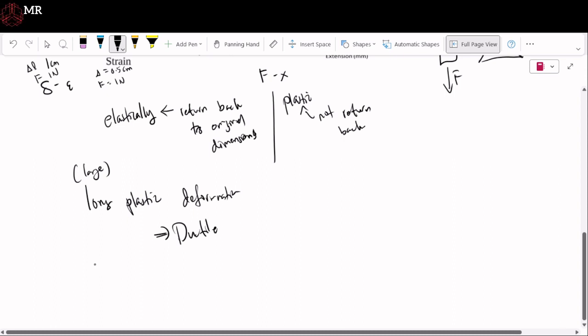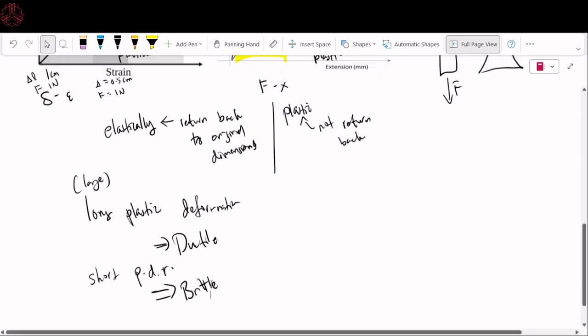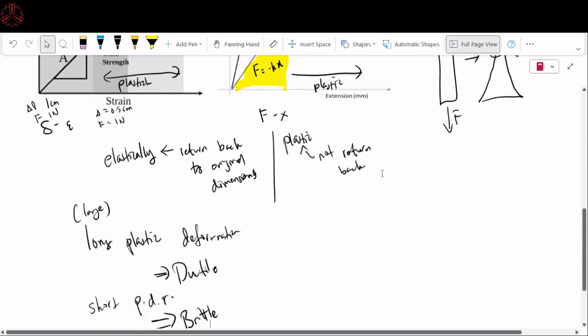But if we have a very short or small plastic deformation region, then we call this material brittle. In other words, in brittle materials, you don't really see necking happening.